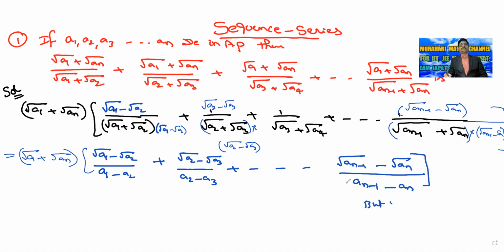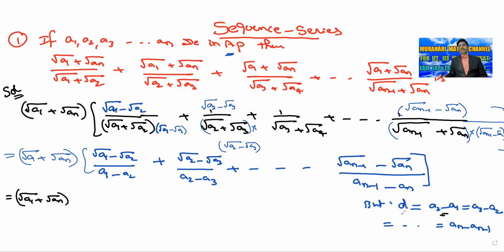But in the statement, A1, A2, A3 and so on, An are given to be in AP. So in an AP the common difference is equal: D = A2 - A1 = A3 - A2 and so on, up to An - An-1. Now the numerator is √A1 + √An.